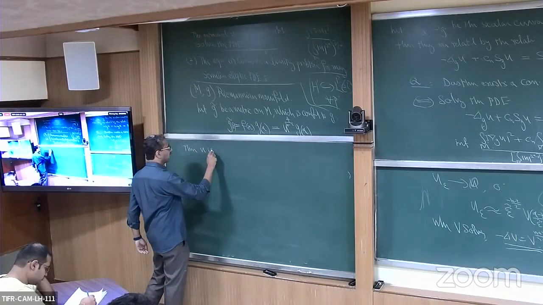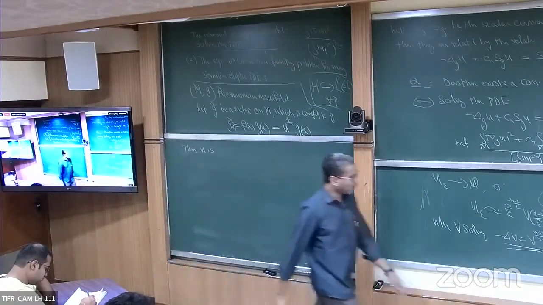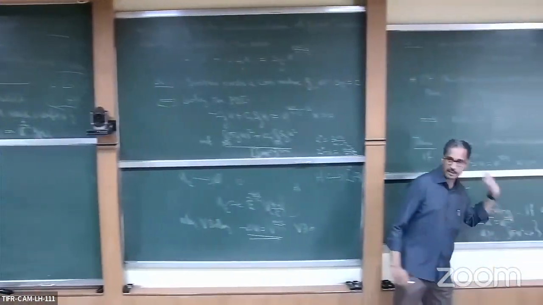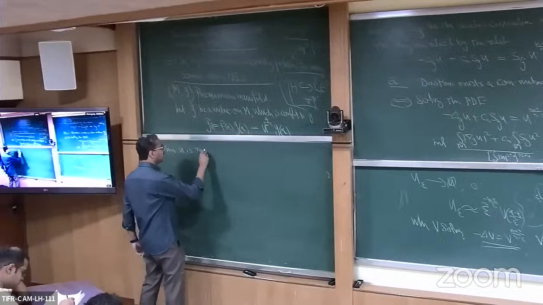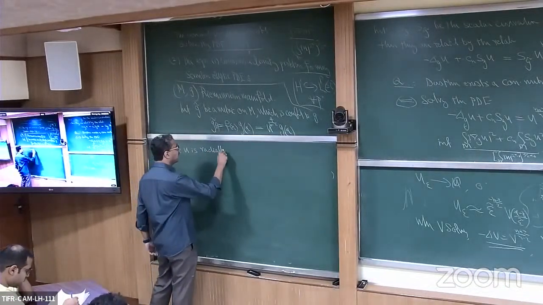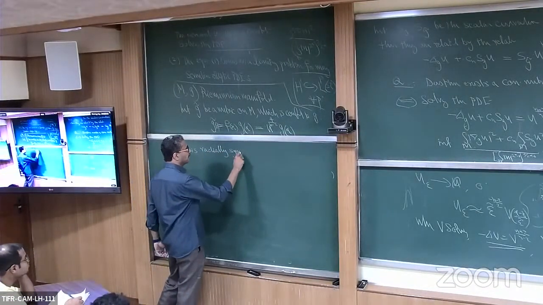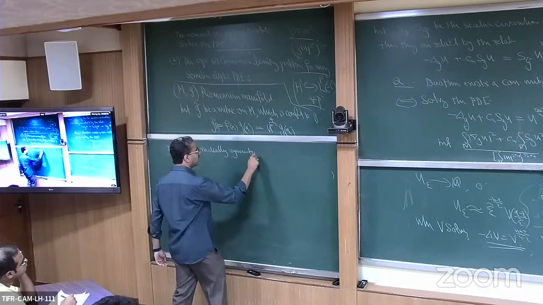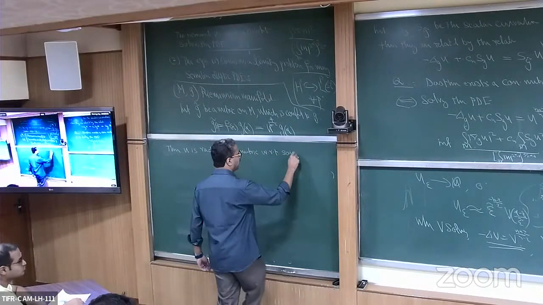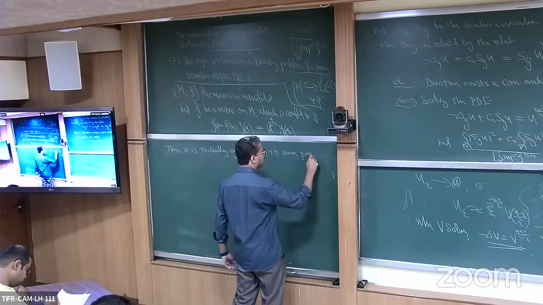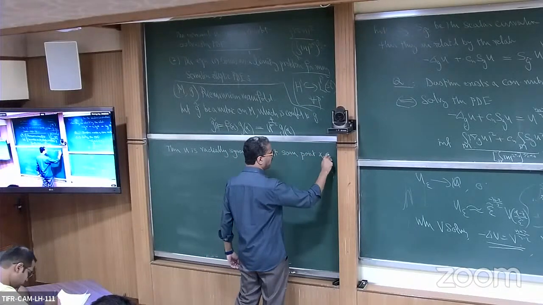So that means I have a solution of this equation. What they show is that then u is radially symmetric, with respect to some point.